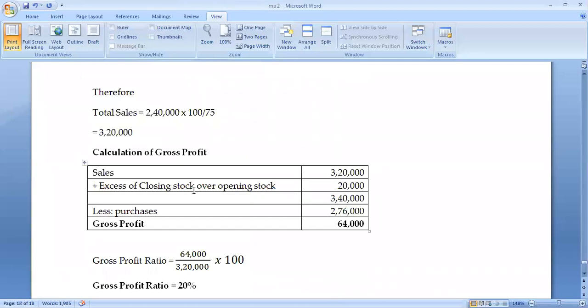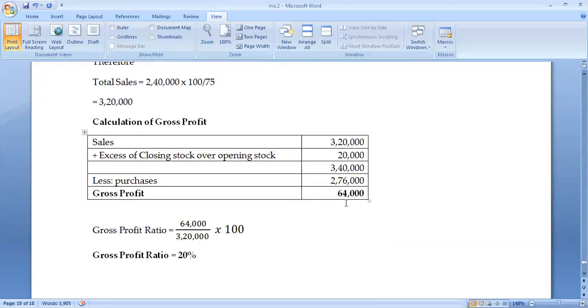Adding excess of closing stock over opening stock, 20,000, to the sales gives 3,40,000, and out of this, purchases will be deducted. You get 2,76,000, and gross profit is sales minus cost, or sales minus purchases. In the same way you need to do it.